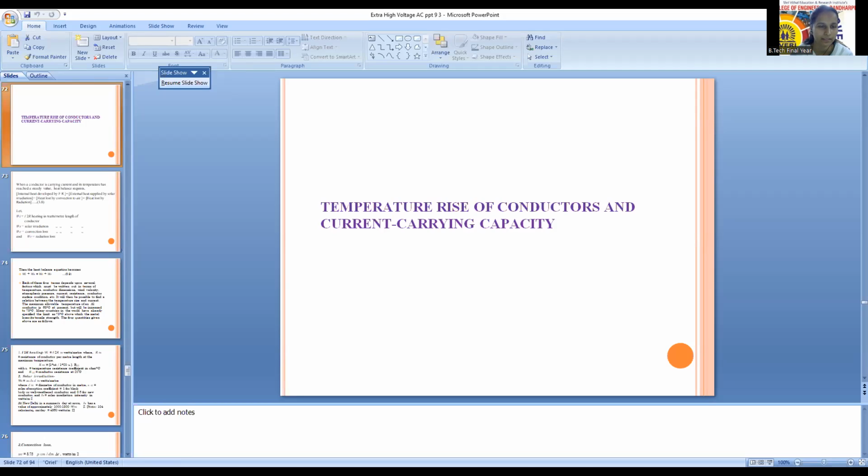The heat balance equation requires that the internal heat developed by I square R plus the external heat supplied by solar irradiation is equal to the heat lost by convection to air plus the heat lost by radiation. All of you know I square R means the flow of current through that resistance, the I square R loss. Solar irradiation is related to solar wavelength.